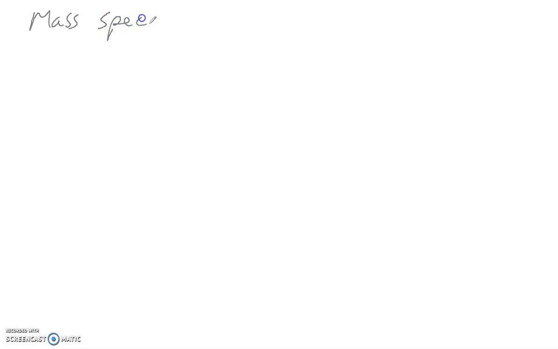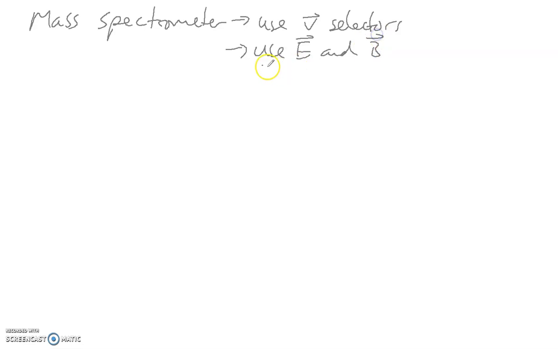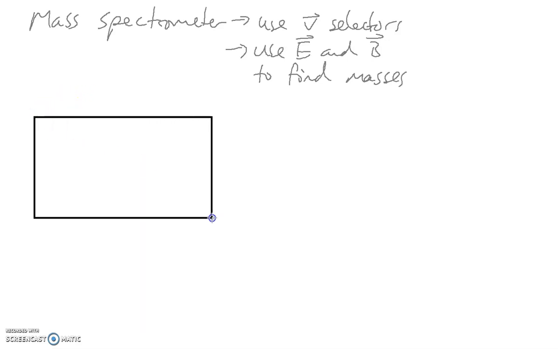Basically, mass spectrometers use the velocity selectors you guys have been looking at, and they also use the electric fields and the magnetic fields in order to actually find masses of charges. So we'll lay things out here a little bit, and we'll connect this to something else later on.